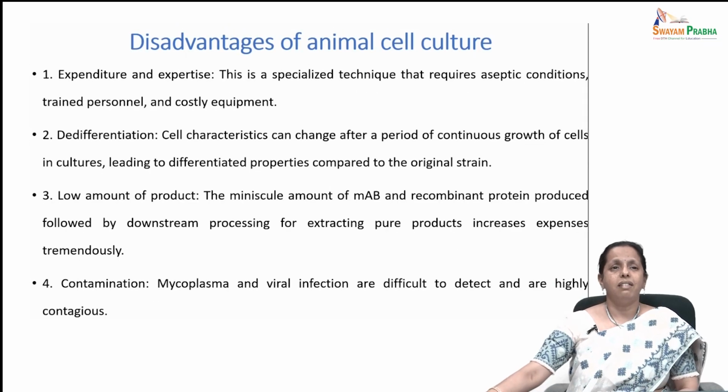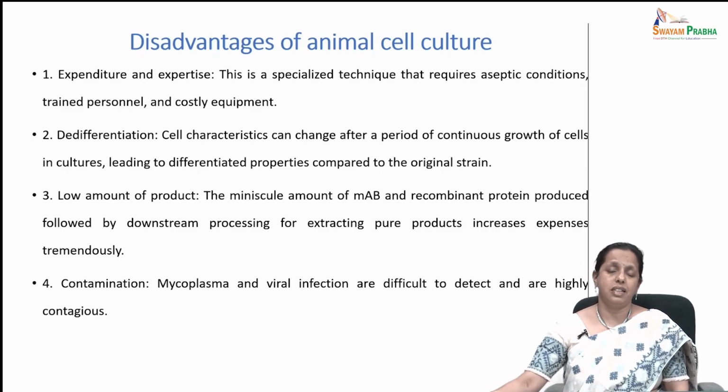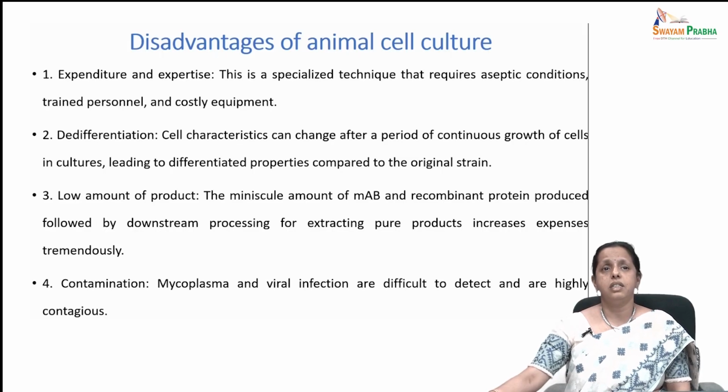However, they are expensive and it is a very skilled technique that requires complete aseptic conditions. There is a need for trained personnel and the cost of treatment. Cell characteristics and differentiation can change after a period of continuous growth in cultures, which could lead to entirely different properties from the origin of the host.